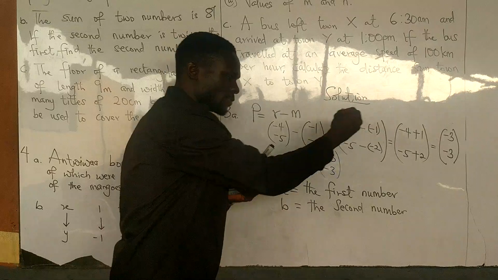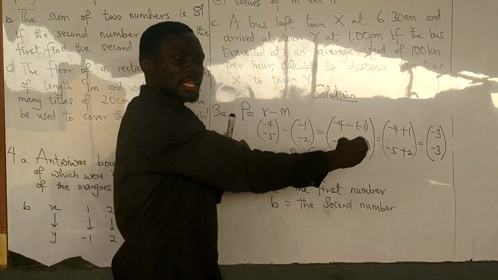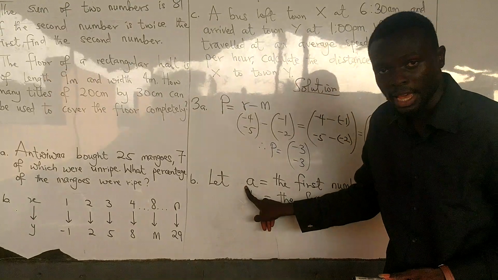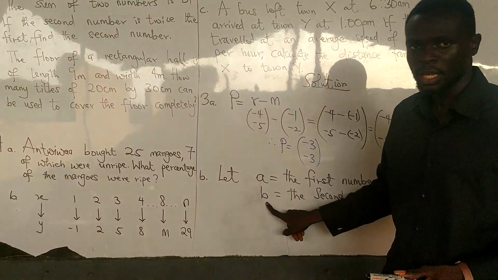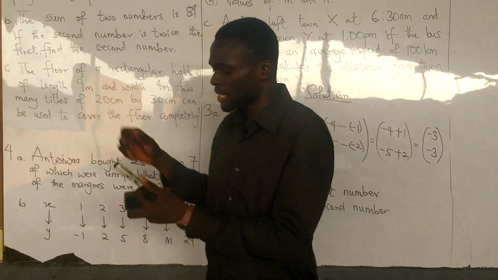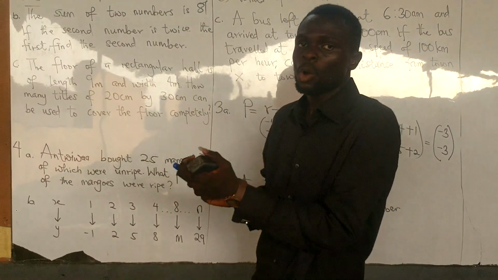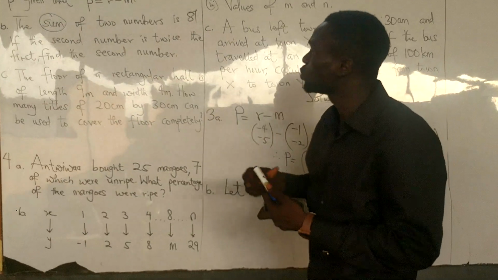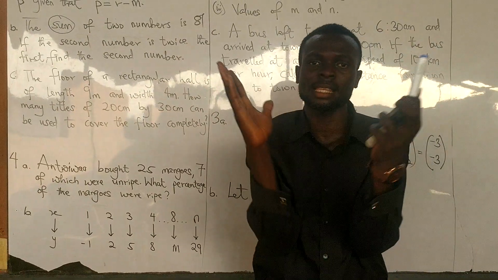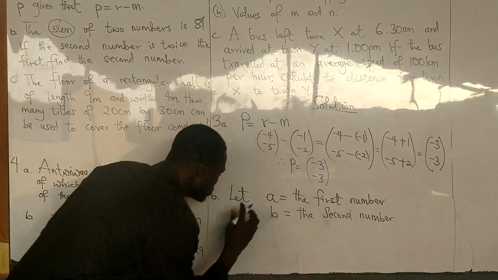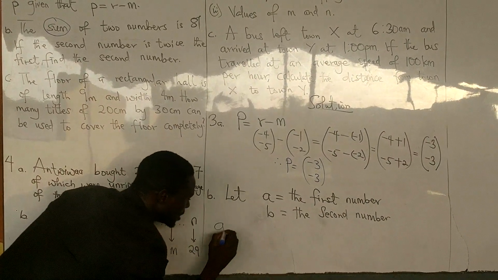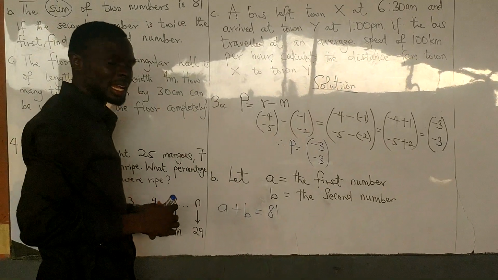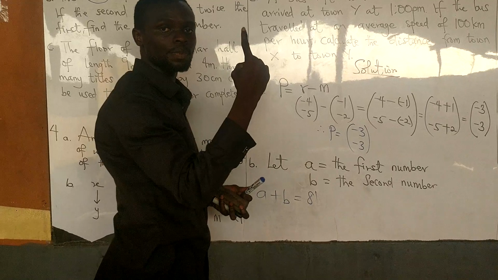So a is the first number, b is the second number. Now the question says that the sum, which is when we put those two numbers together, is 81. So I'm going to say the first number plus the second number gives me 81. And that is the first expression.